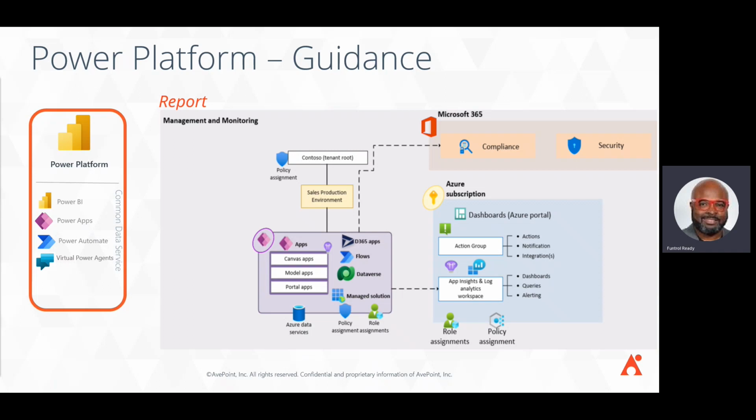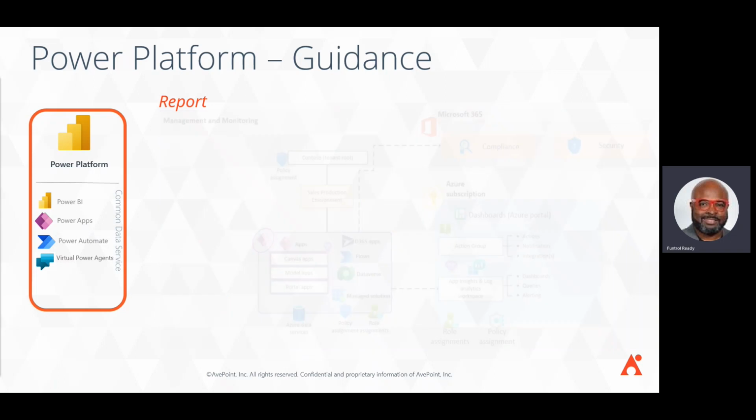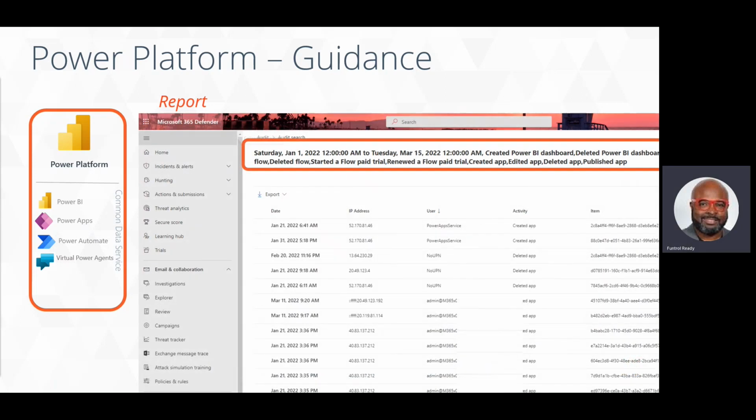And so you can actually allow certain individuals through role assignment, what dashboards they have available to them to consume certain reports. That makes it very easy to tie in and provide that access there. And so this is a common example of how I can go into the Microsoft Security and Compliance Center if I have access to that, and I can actually query the audit logs around the Power Platform activity.